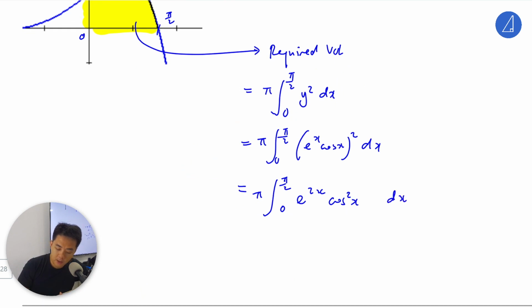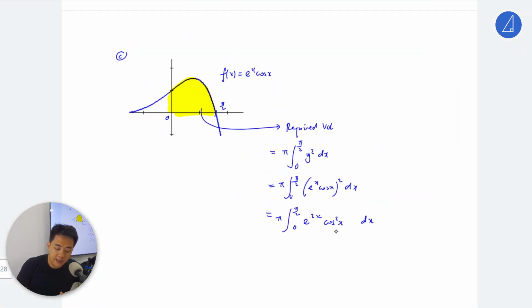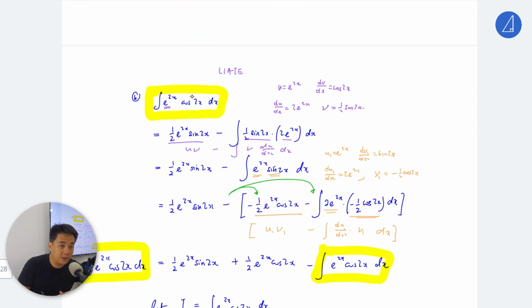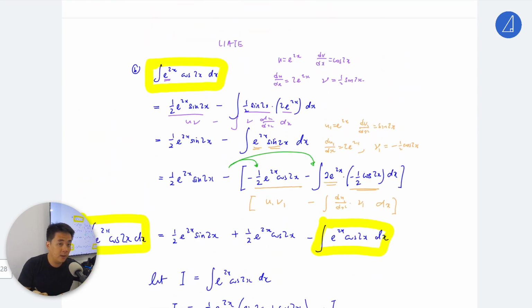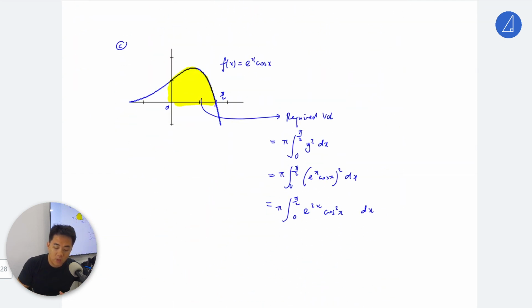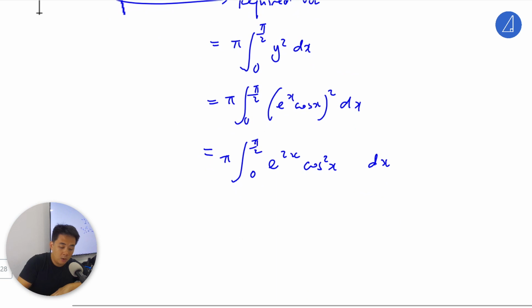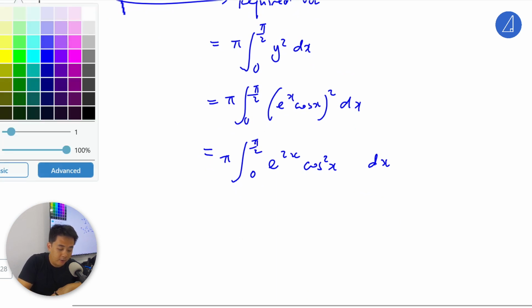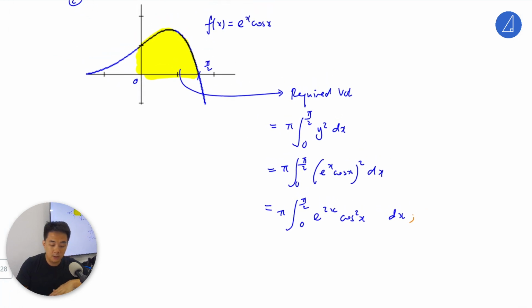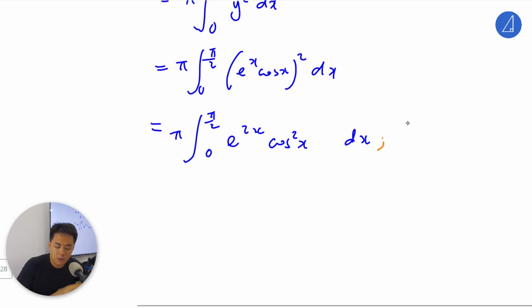Okay. Now take note of this guy here, because the previous integral, which is e^2x cosine 2x, not cosine squared x. This guy from part B is cosine 2x. This is cosine squared x. Okay. So what we need to do is, of course, employ our favorite, from MF26, you have your double angle formula. We change this. We need cosine 2x.